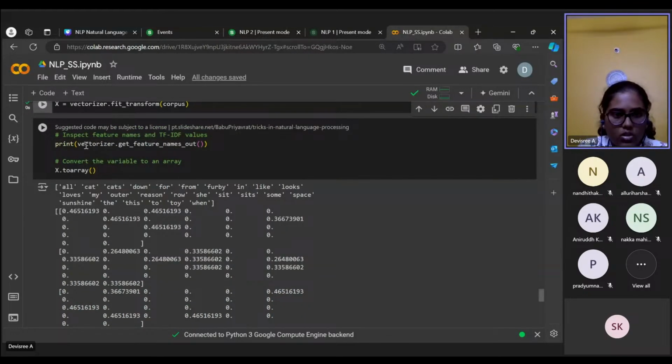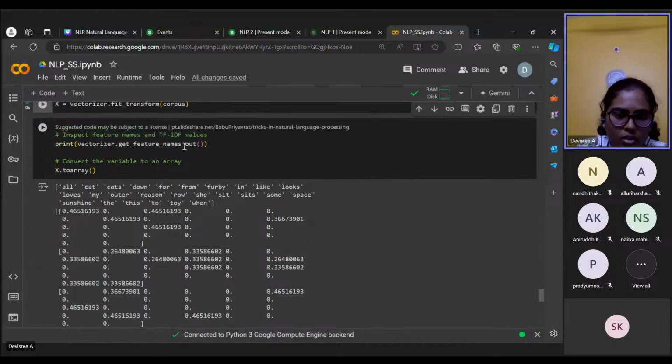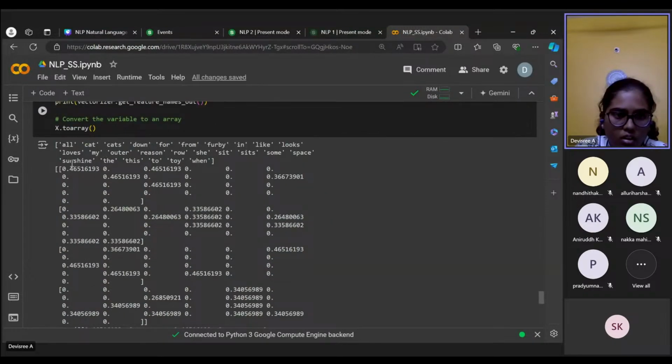When you print, you print the feature names and their TF-IDF values. This is the order in which the TF-IDF values are being printed, for the corresponding words: all, cat, cats, etc. So these are the sequence of words for which the corresponding TF-IDF values are represented here. For all, it is this.